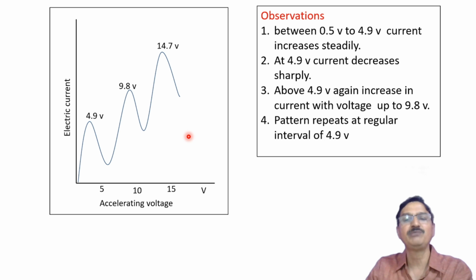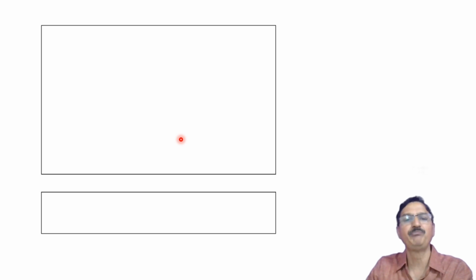Then the mercury atoms, when they absorb this energy and an electron is knocked out, the electron goes into a higher energy state. But this transition is temporary.